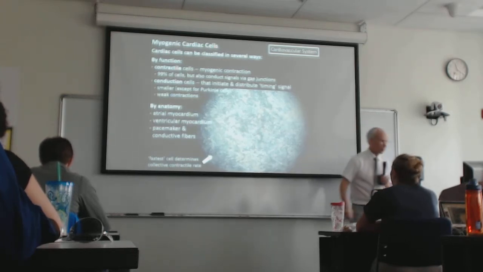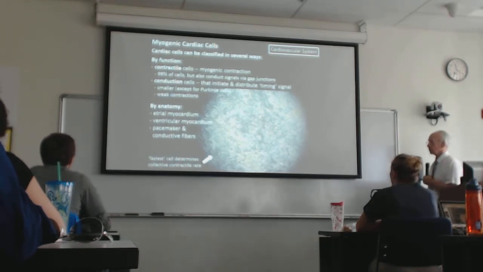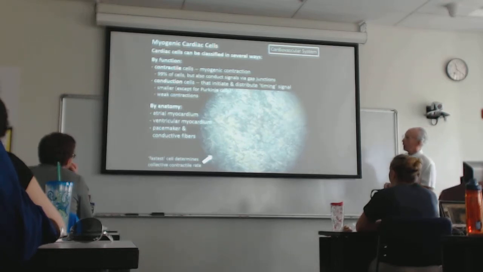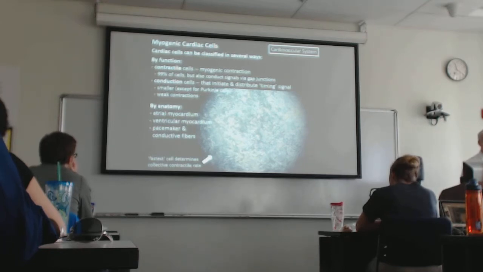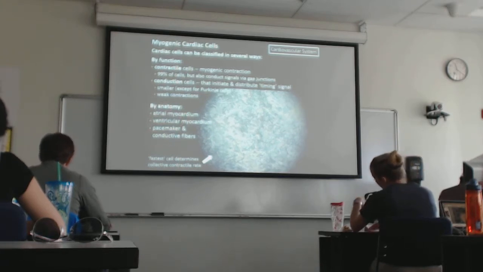Now, we're going to simplify this discussion dramatically. We can classify the cells of the heart in a variety of ways. For the most part, in fact, you can see down here, we could talk about the atrial myocardium, the ventricular myocardium, we could talk about pacemaker cells and conductive cells. We could organize our discussion in that fashion.